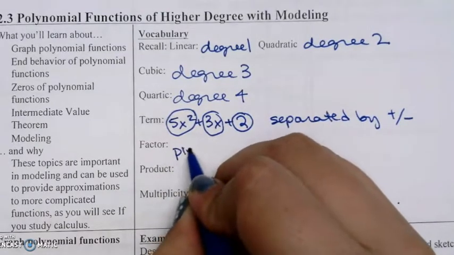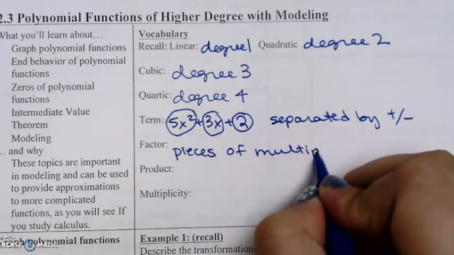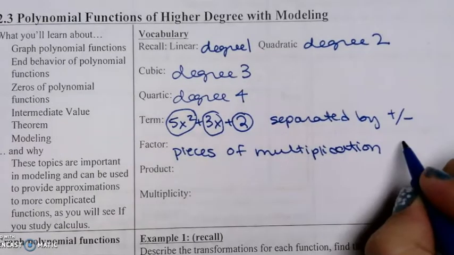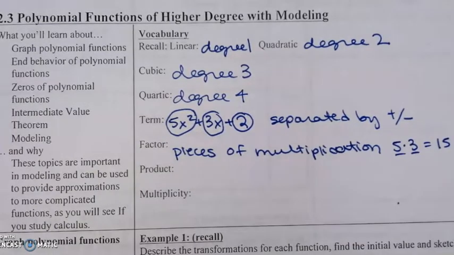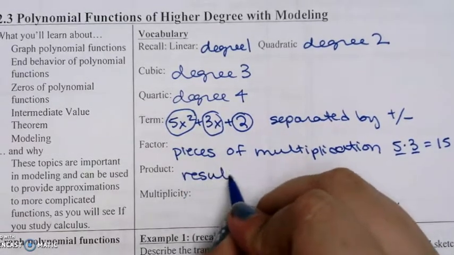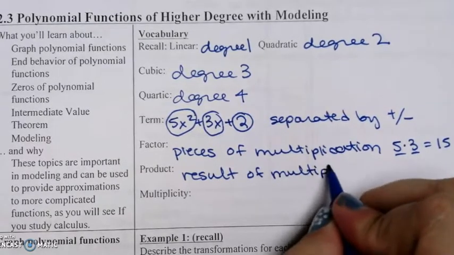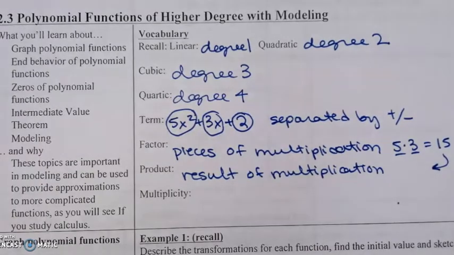So pieces of multiplication. So that's like 5 times 3 are the factors of 15. 5 and 3 are factors. Whereas the product is the result of multiplication. So 15 would be the product.